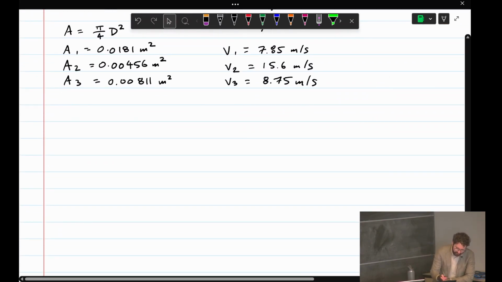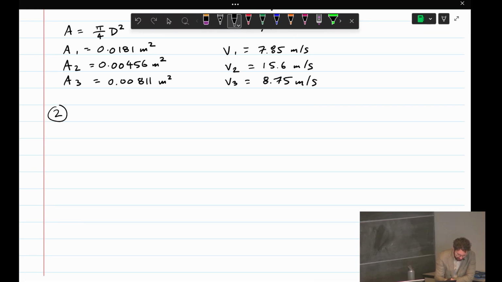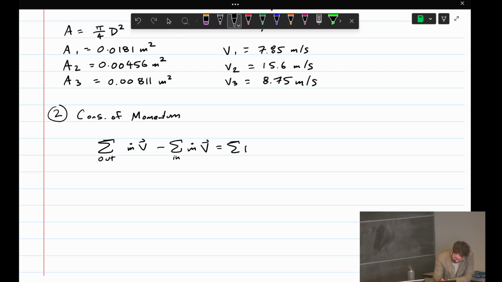Okay. So now we'll get to the hardest part of the problem, where I think is the biggest potential for mistakes. There are lots of sign errors, angle errors, and things like that. So conservation of momentum: the summation over our outlets minus the summation of the inlets is equal to the sum of forces.